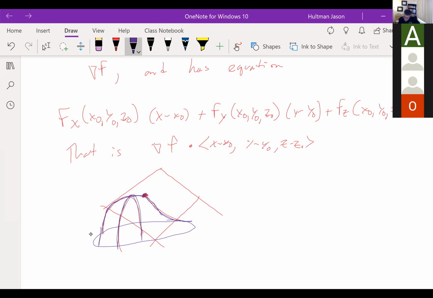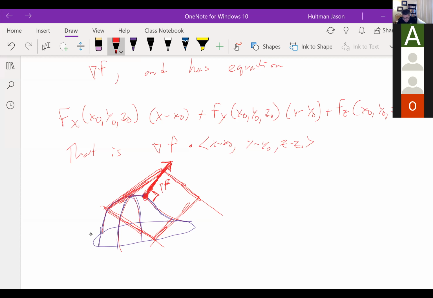Then we have the tangent plane tangent to this thing at this point, right? And we're saying that the tangent plane is normal to del f. So this is del f, that's the normal to the tangent plane.